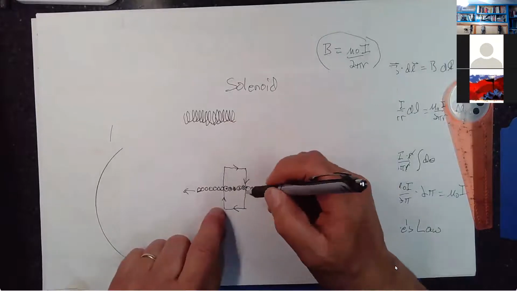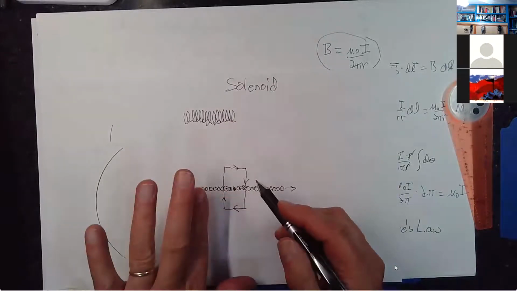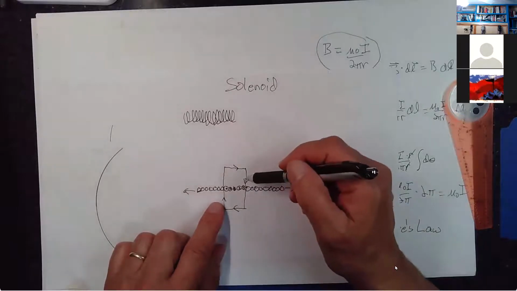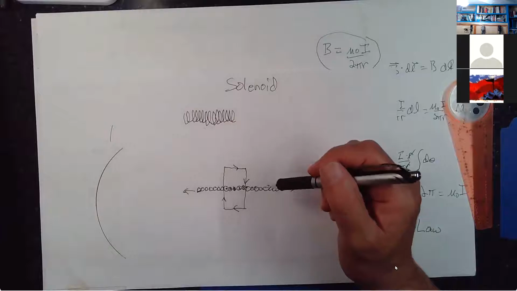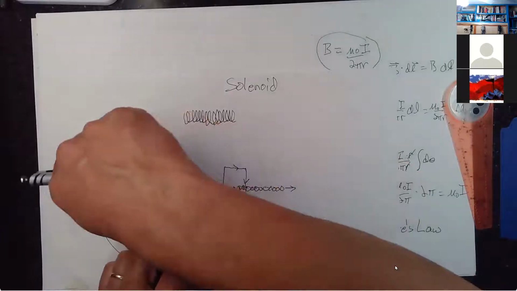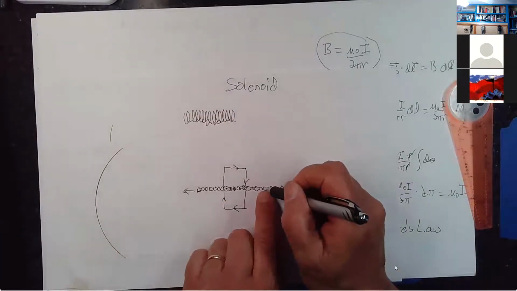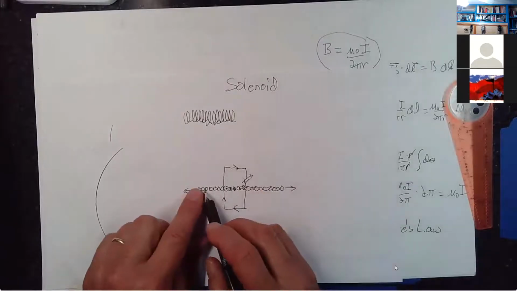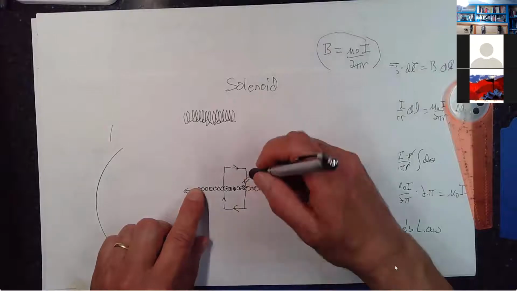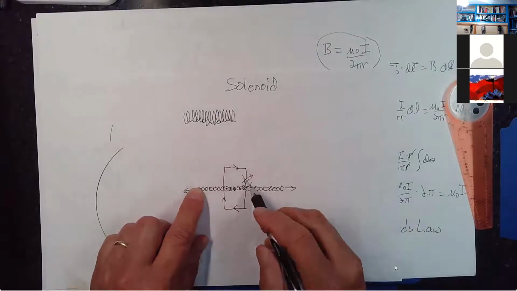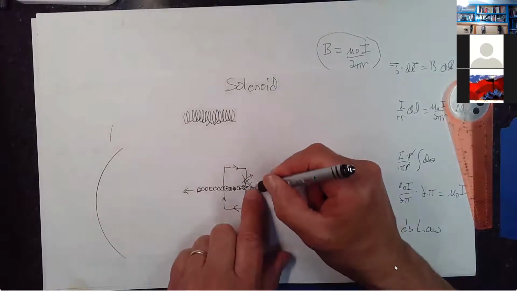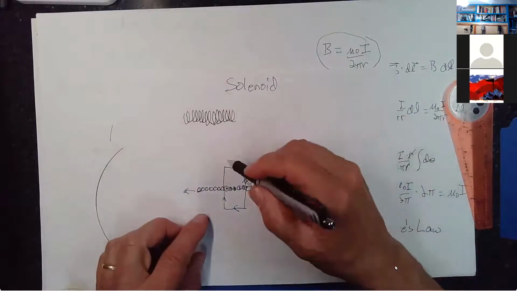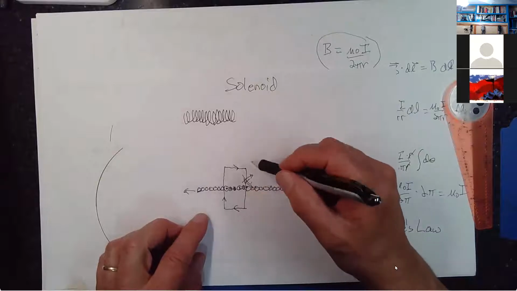Well, the magnetic field inside here, because you've got a whole bunch of wires to the left and a whole bunch to the right, they end up canceling out those parts of the magnetic fields that don't point straight along. For instance, the wires over here will tend to have magnetic fields that point up like that. The wires over here will have magnetic fields at that point that point down like that. And the up and down components cancel, and all you get is a magnetic field that points in this same direction.